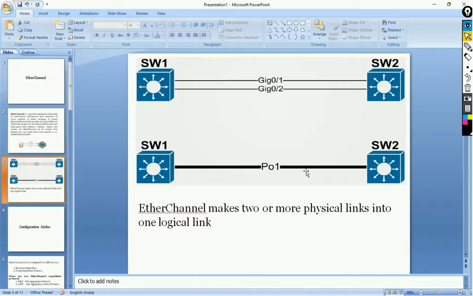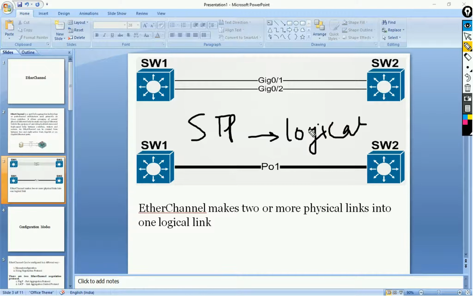This is the logical link, and always remember that STP works on the logical link, not on the physical link.